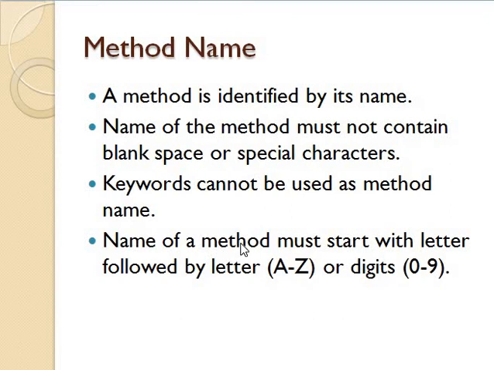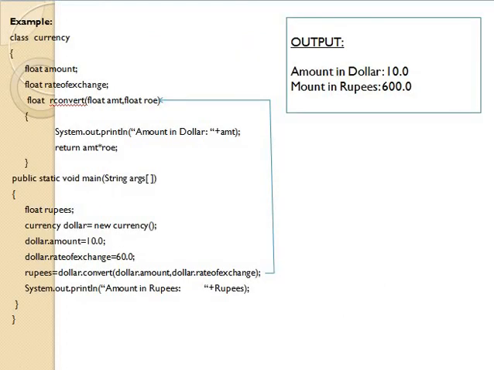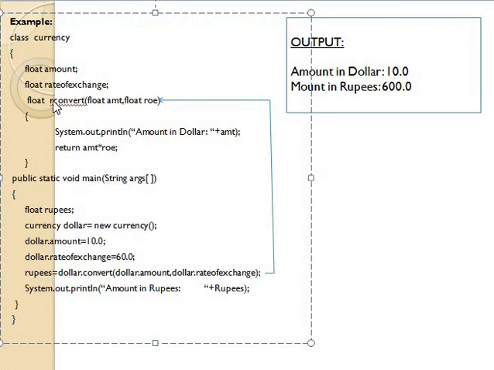So it is mandatory that the first character of the method must be a letter, but the rest of the characters can be letters as well as digits. So after putting the first letter as R, which is acceptable, this is because the first letter marks the start of a method name.